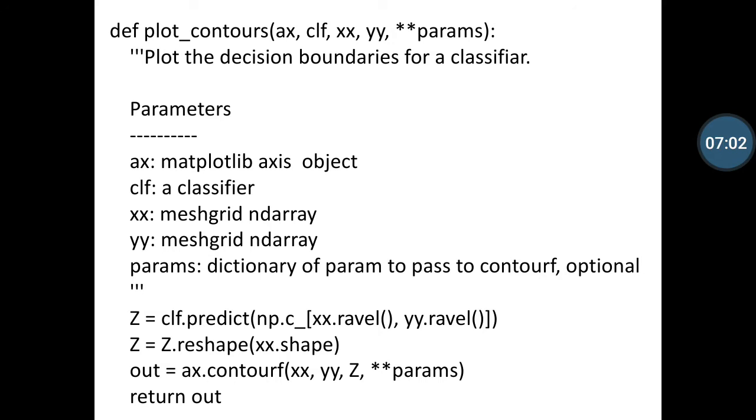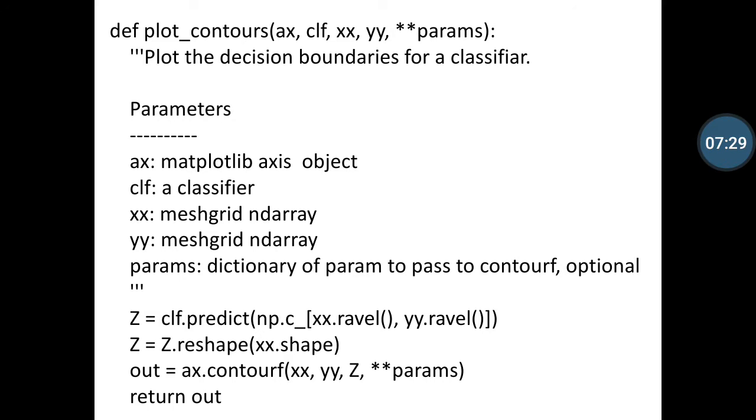This function plots the decision boundary for a classifier, and the parameters used are ax, a matplotlib axis object, clf, a classifier, xx, a meshgrid ndarray, yy, a meshgrid ndarray, and params, a dictionary of parameters to pass to contourf, optional values.